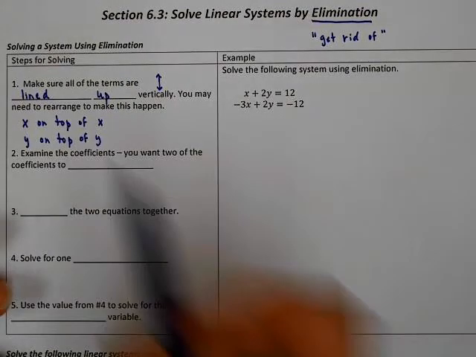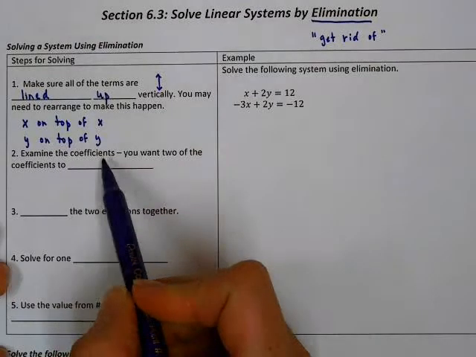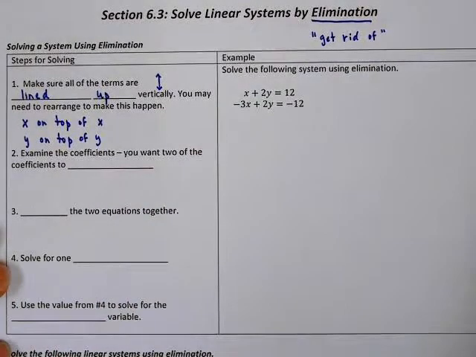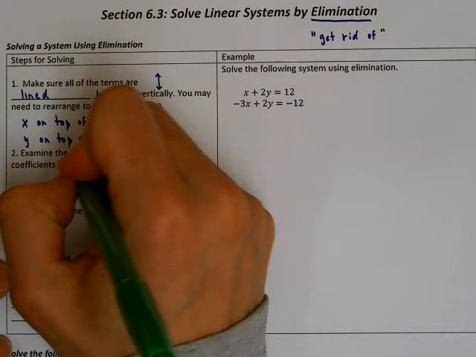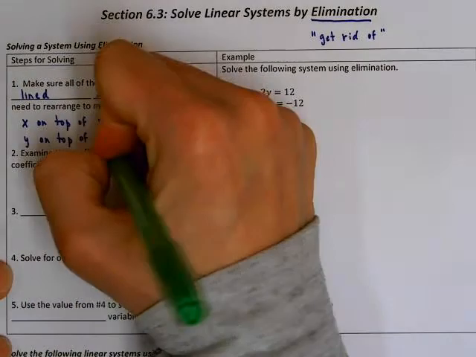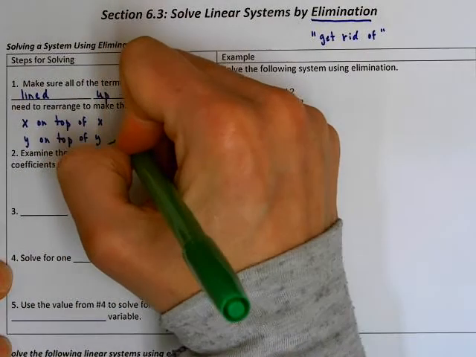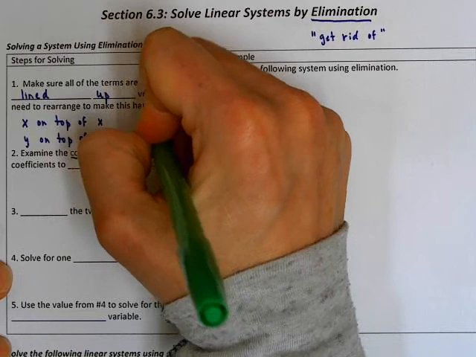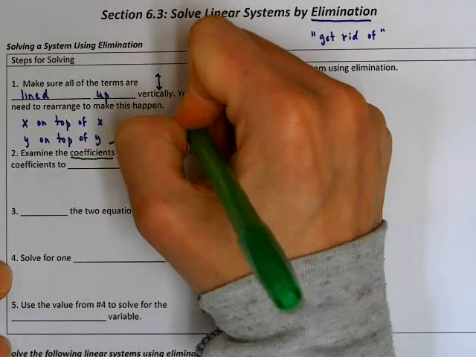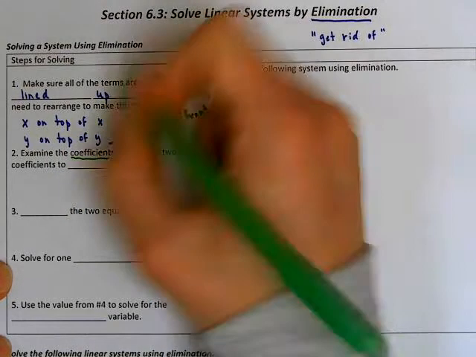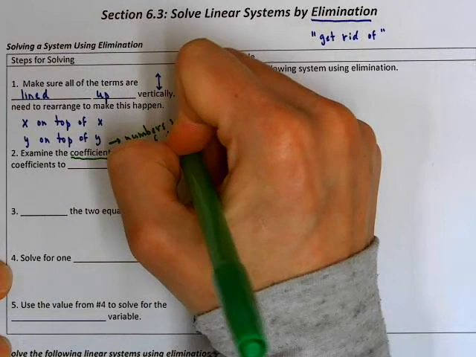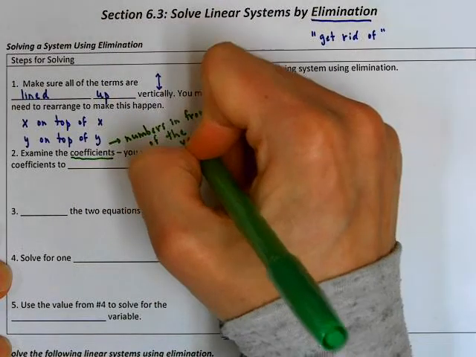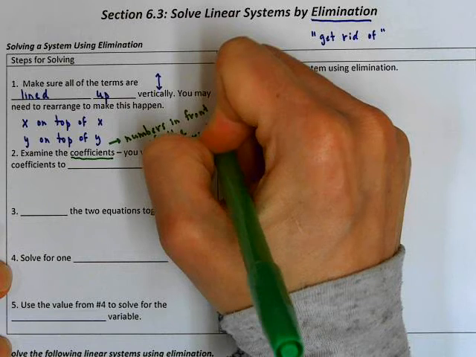The next thing we're going to do is examine the coefficients. I'm going to make a note here: the coefficients are just the numbers in front of the variables. I'm sorry, I know I'm kind of squished in there.